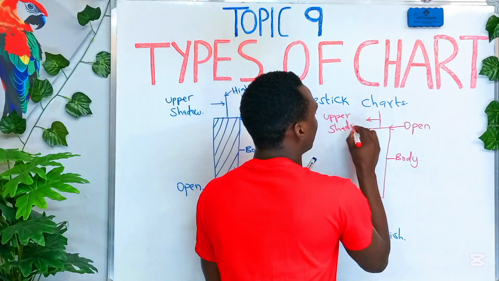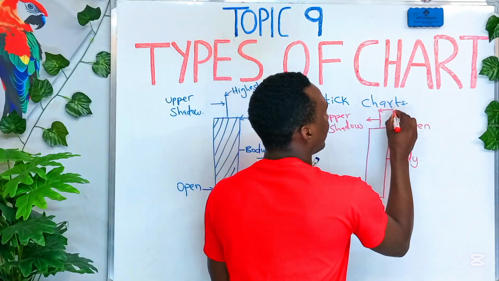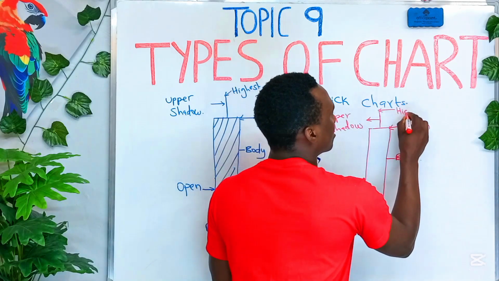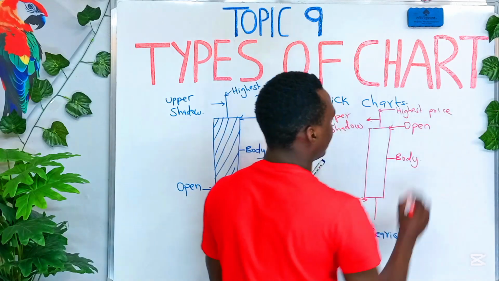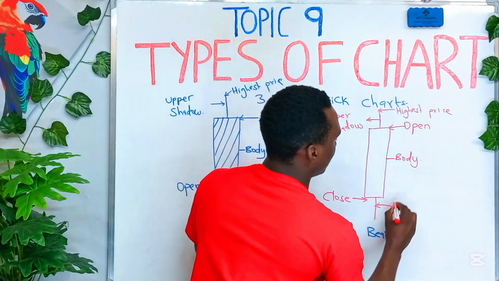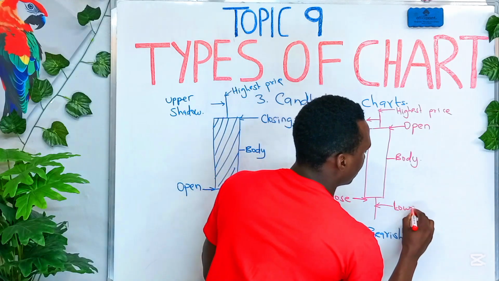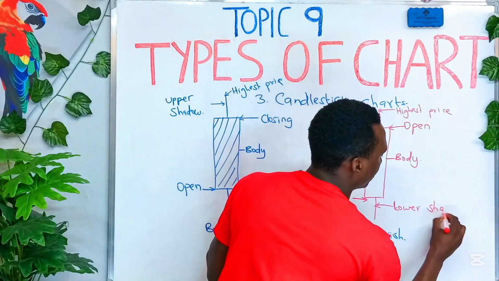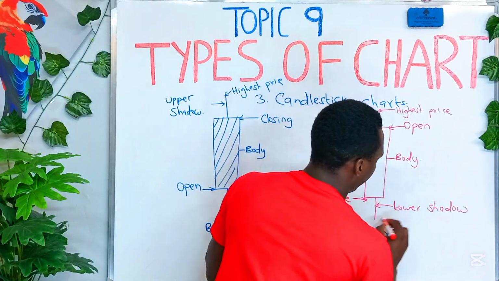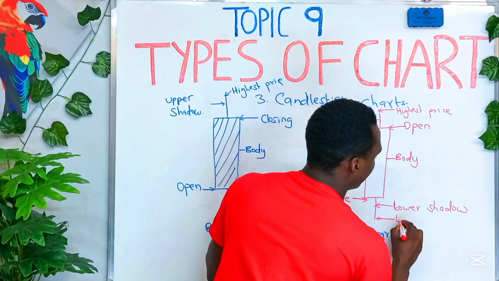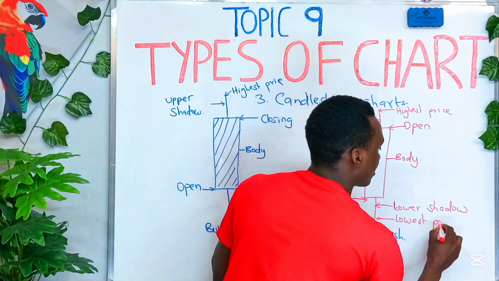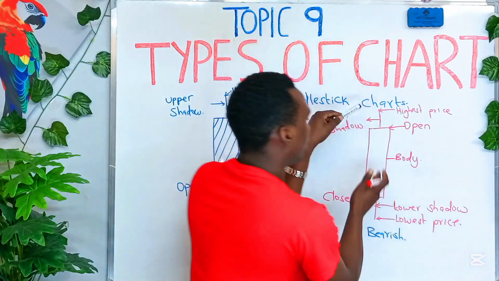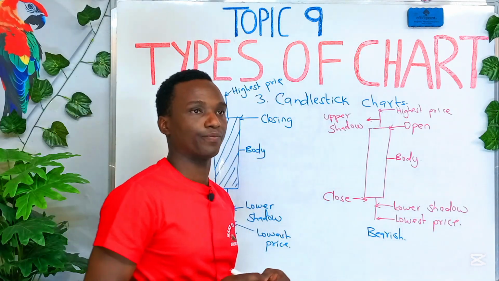While this one is the highest price. This one is the lower shadow, while this one is the lowest price that it was traded during that range.